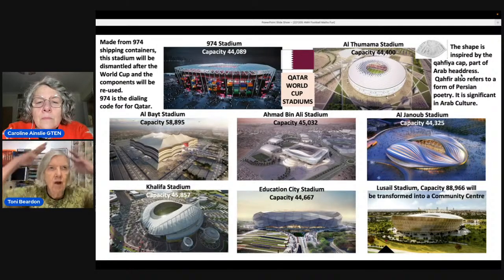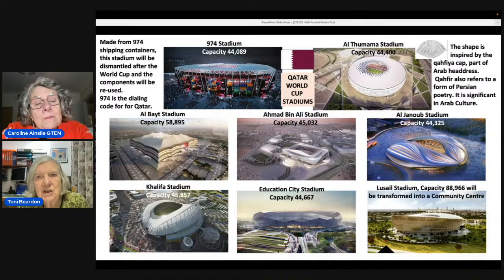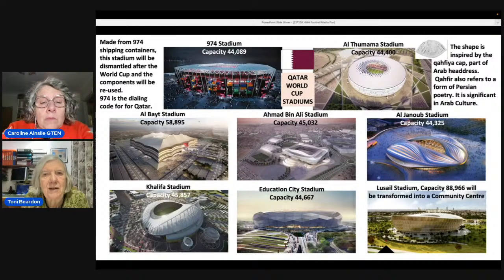They put the cloth on their heads and they put the cap on to hold it in place, and then there's a band that they tie round. I think I got it right. But the word also refers to a form of Persian poetry, and it's very significant in the Arab culture. So that's why that stadium was designed to be circular and in that pattern.